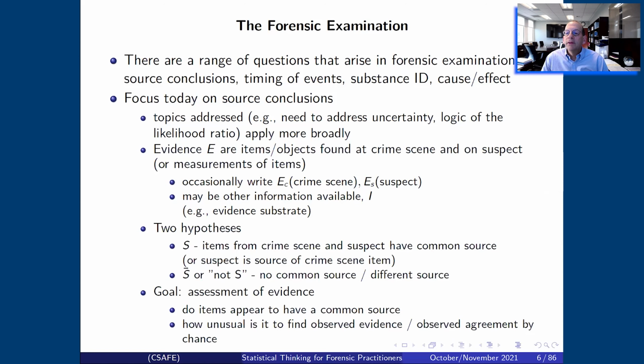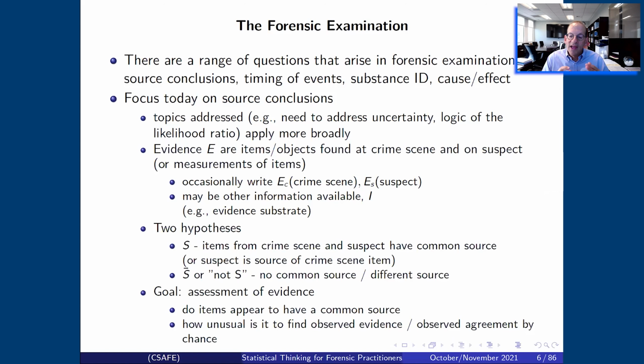So I'm focusing much of the discussion today on the source conclusion issue. That is, we have evidence from a crime scene and a suspect, one typically known source, one typically questioned source. And I write the evidence as E, and we have 2 hypotheses.